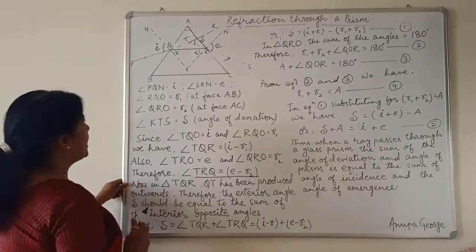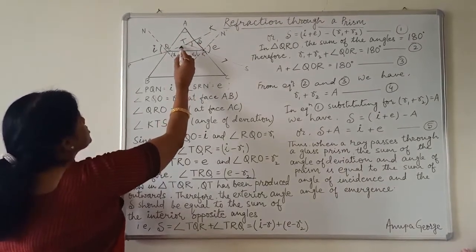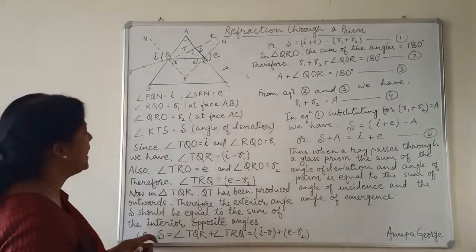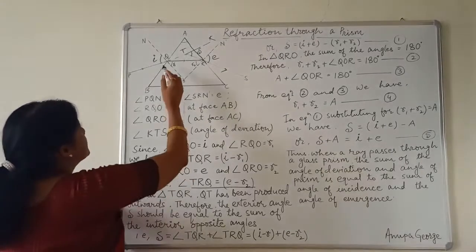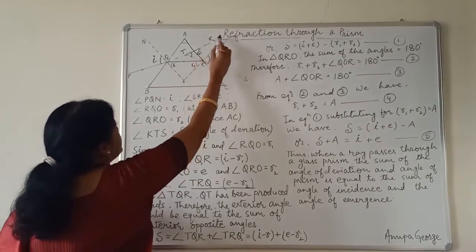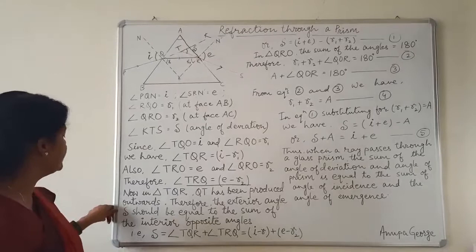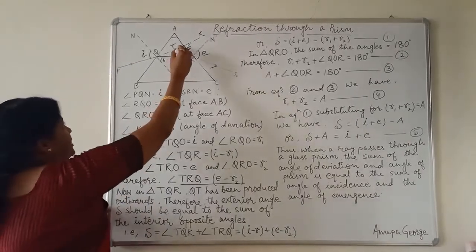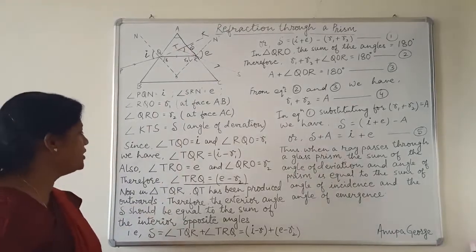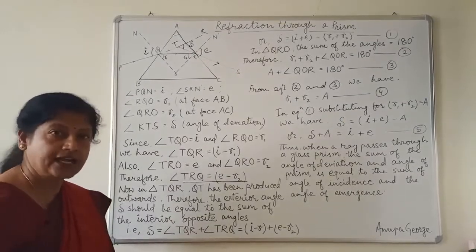Now, in this smaller triangle TQR, QT has been produced outwards. Therefore, the exterior angle delta should be equal to the sum of the interior opposite angles.